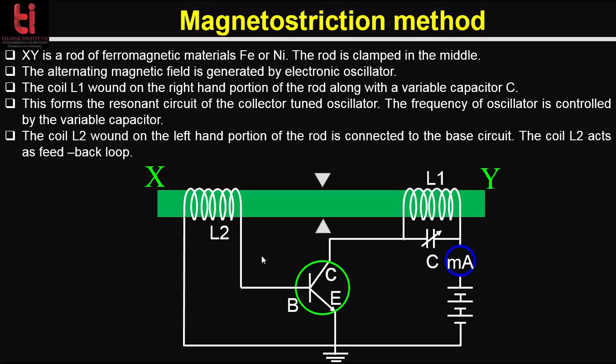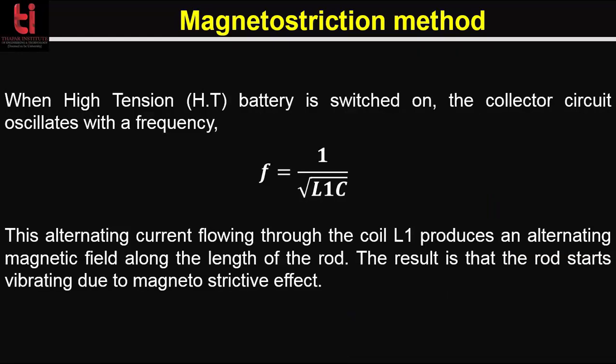The coil L2 acts as a feedback loop, and this is your high tension battery. As soon as we switch on the high tension battery, the collector circuit oscillates with a frequency f equal to 1 by root over L into C, where L is L1, so the frequency is 1 by root over L1 into C.